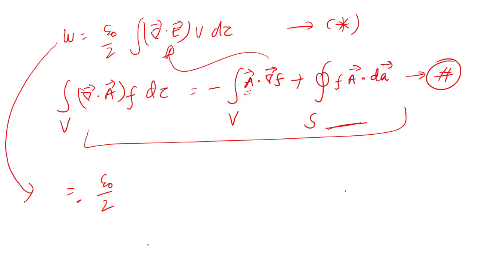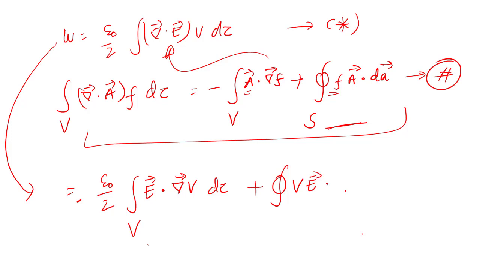I'm expanding this, so negative epsilon naught by 2 times the integral of E dot the gradient of V, and this is a volume integral, so d tau, plus the surface integral of f, which is V, A is the electric field E, dot dA, but this is over the surface. Now we have a negative sign here and a gradient here. Negative of gradient V is how we define the electric field.